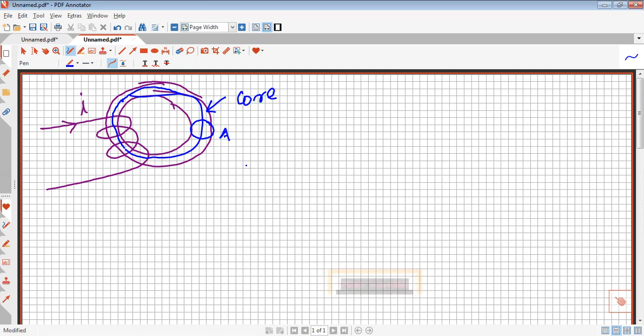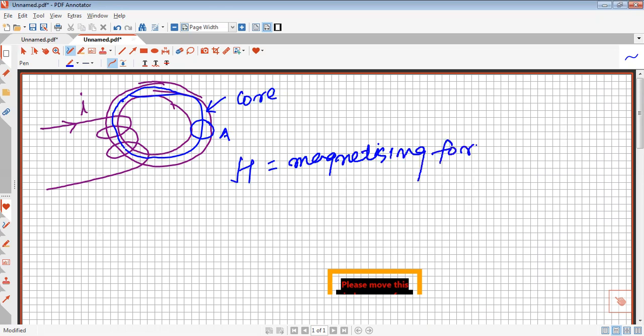Now we have already defined H, the magnetizing force, which is equal to mmf divided by 2 pi r, where r is the radius.